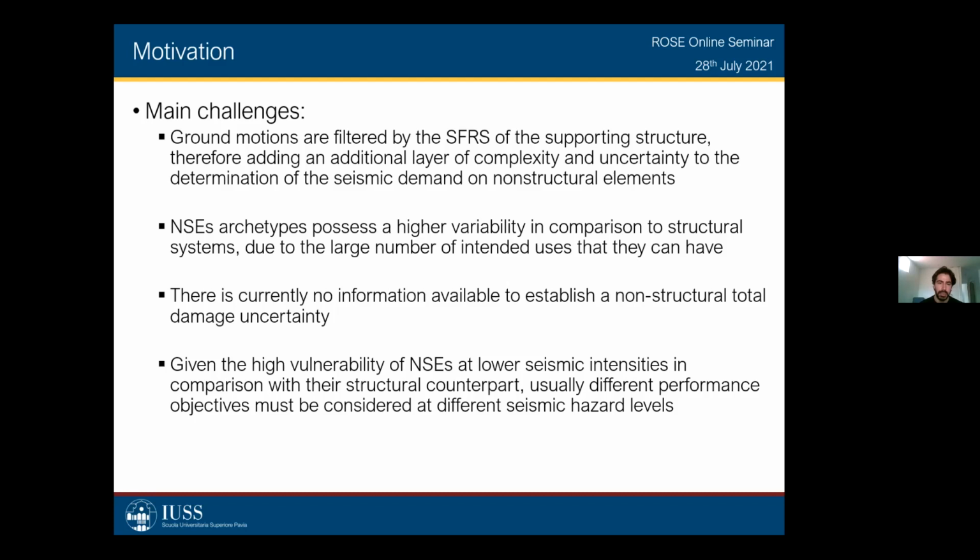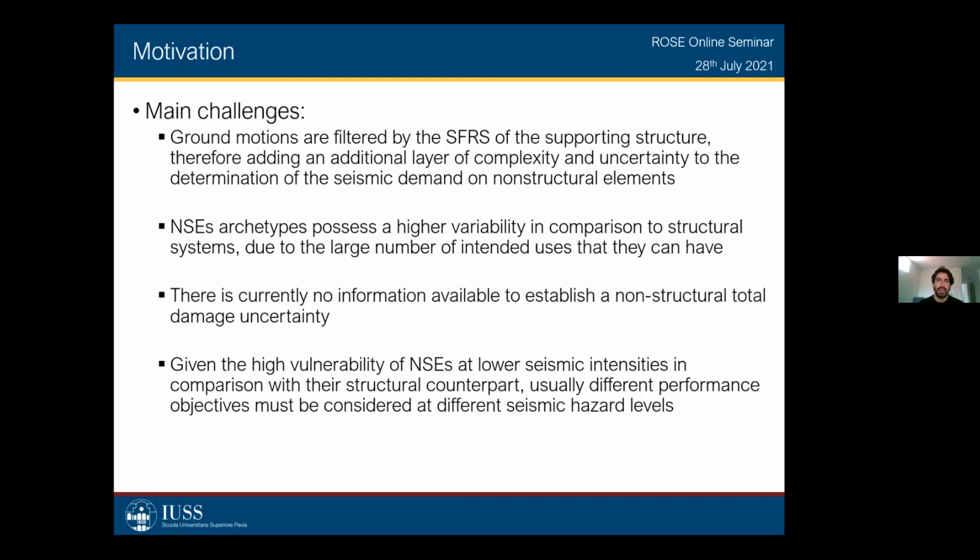Then as a third point, there is currently no information available to establish non-structural total damage uncertainty. For those of you familiarized with FEMA P695, they specify very clearly the beta, which is basically the lognormal standard deviation for the total system collapse uncertainty of the systems.